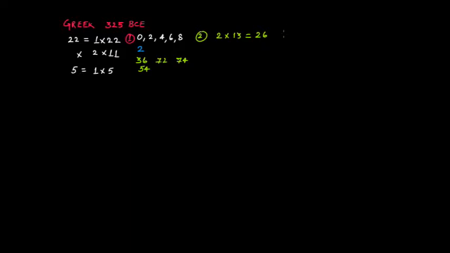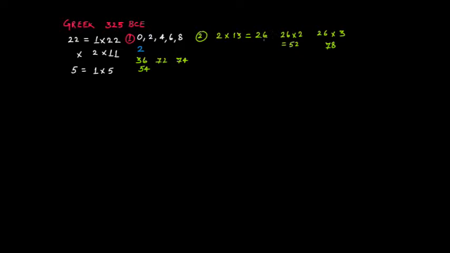If you say 26 times 2 would be 52, then 26 times 3 would be 78. Sorry, my bad, it was correct. I'm really sorry. 26 times 3 is 78, right?